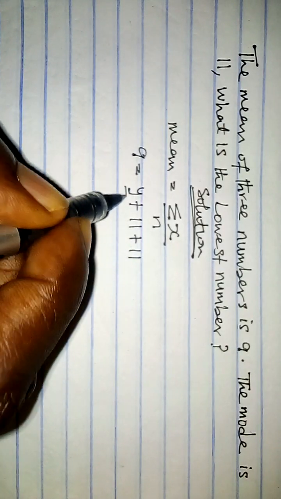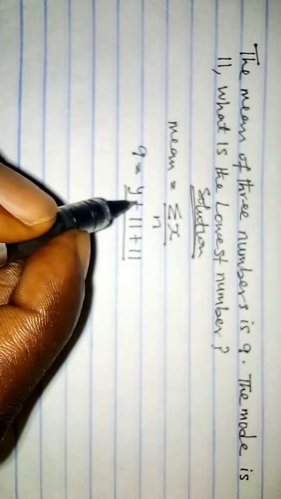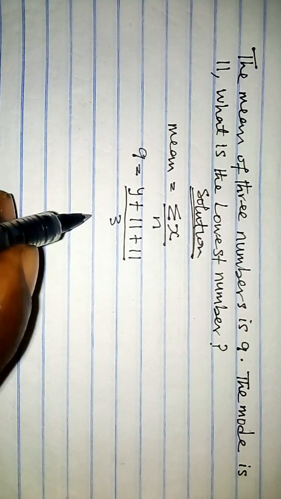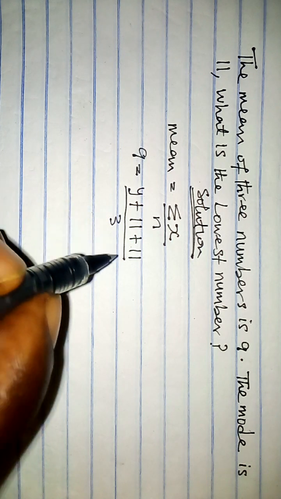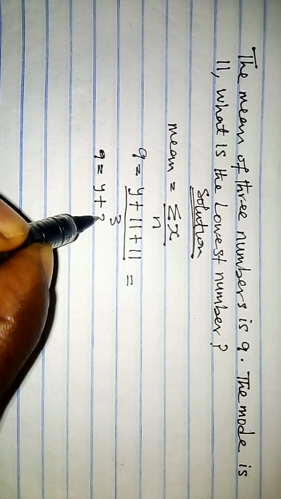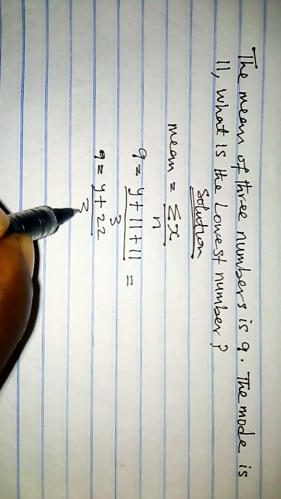So we will now say, let's say y plus 11 plus 11 all over, how many numbers do we have? We have three numbers, all over 3. This is what it is. So this will now be equal to 9 equal to y plus 22 all over 3.